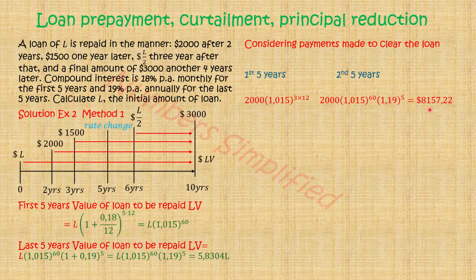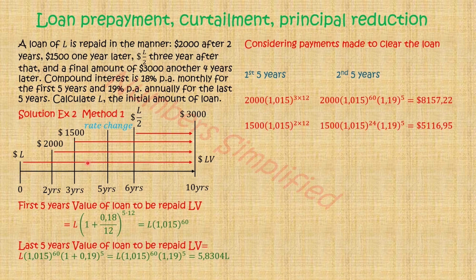And now what we have is what we added, and that is similar to what we obtained in the last 5 years for the loan itself, where we added 1 plus 0.19. Therefore, simplifying that, we are going to get $8,157.22. We move on to the second payment that was made.